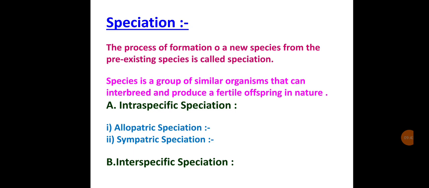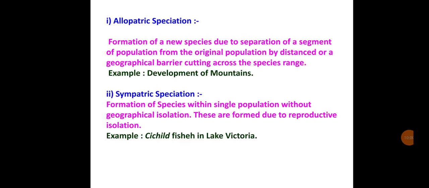Speciation. The process of formation of a new species from pre-existing species is called speciation. It has intraspecific speciation and interspecific speciation. First, intraspecific: allopatric and sympatric speciation. Allopatric speciation is the formation of new species due to separation of a segment of population from the original population by a distant or geographical barrier cutting across the species range.